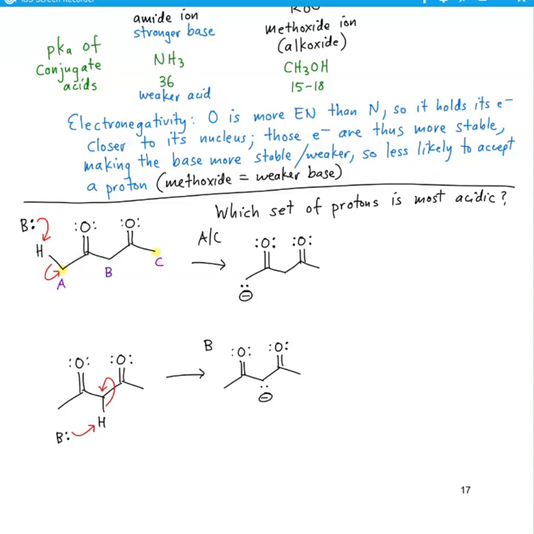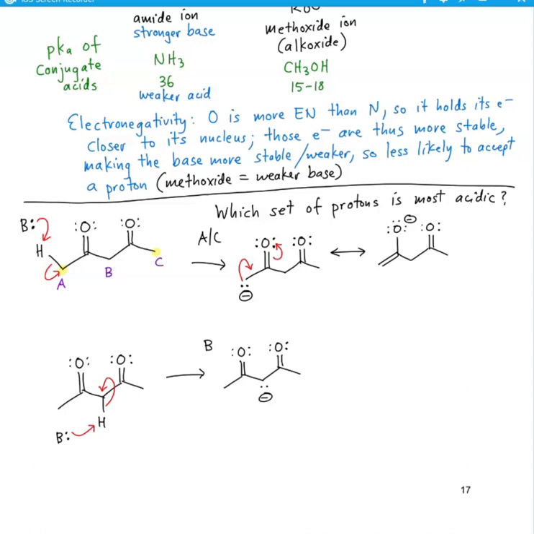Okay, so once you've done that, I'd like to think that you came up with some of these ideas. So first of all, in the structure on the top, we have resonance delocalization. So the negative charge that starts out on the carbon, we can draw another resonance contributor that puts that negative charge on the oxygen.